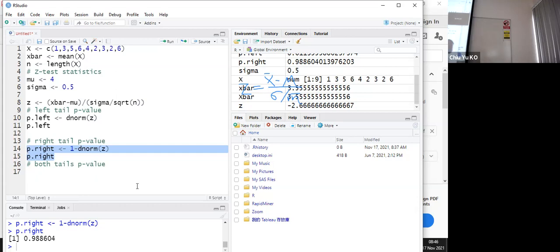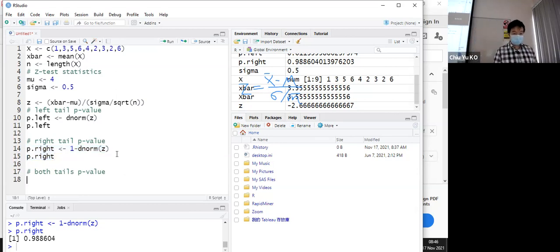Okay, so now the next thing is the both tails. There are two ways to do the both tails. Okay, but I left you to try a little bit.